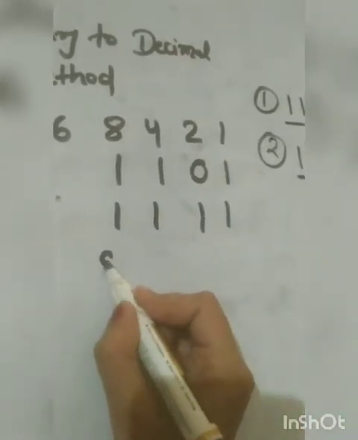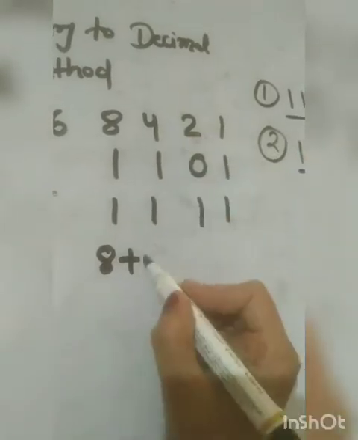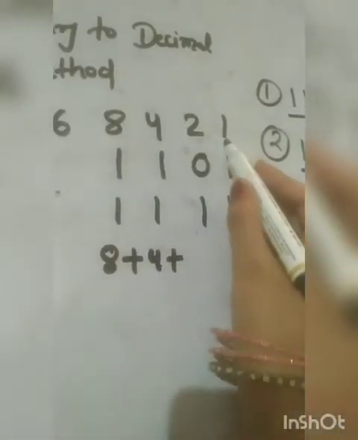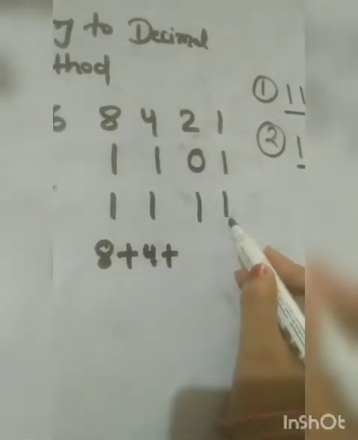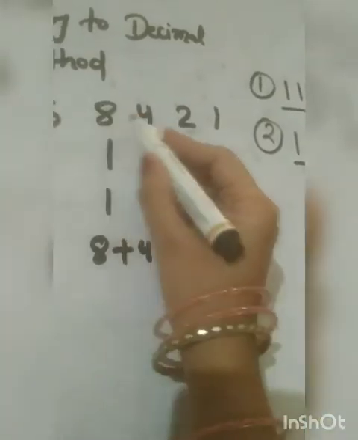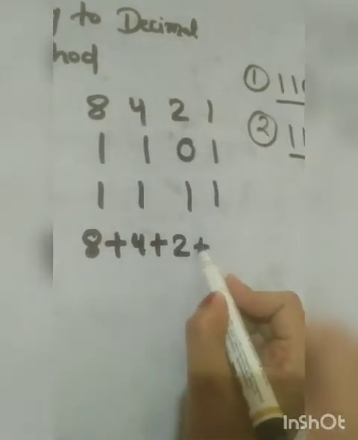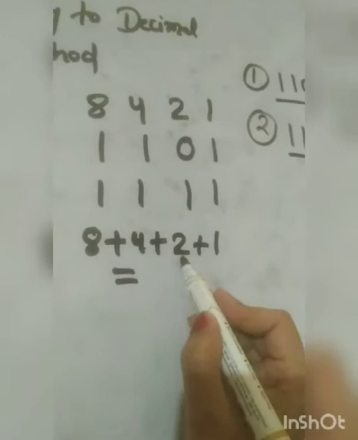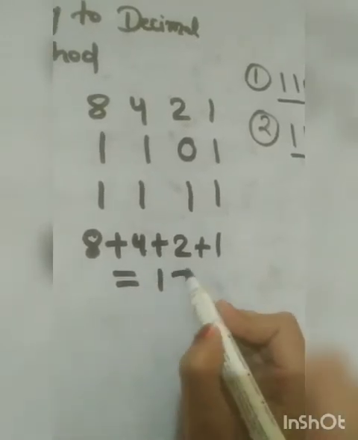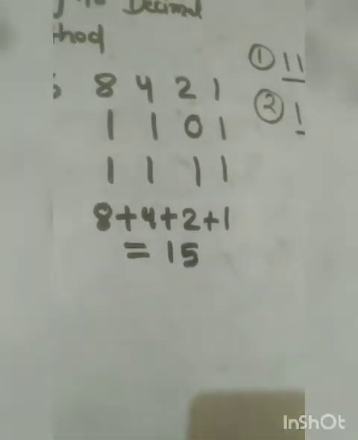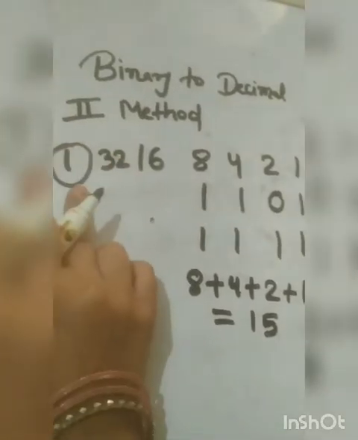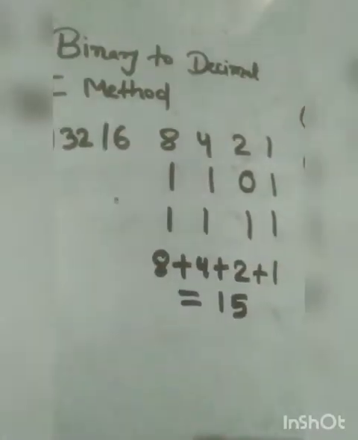And now I'm going to add this number again, 8 plus 4. I'm going to add all of them because all are true this time. No one is false, so I have to add all: 8 plus 4 plus 2 plus 1. So that will be 15. Clear? So this is the first method of how to convert binary to decimal.